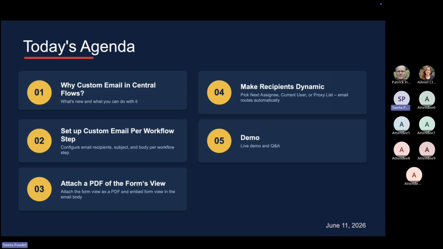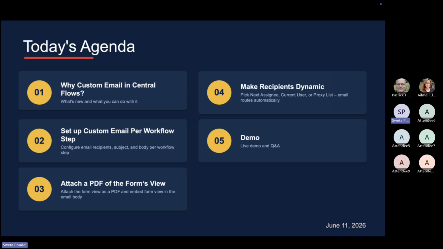For the on-prem version, you need the DBXL rendering service just to send the email from DBXL, and it wasn't even possible using the FormSphere online version. So two weeks back, we did a webinar on this new feature that we can now send an email from FormSphere, and we have been getting lots of requests from customers to add custom emails in Central Flows.